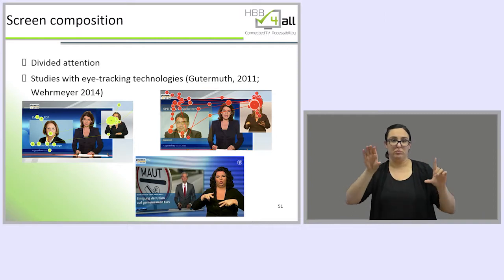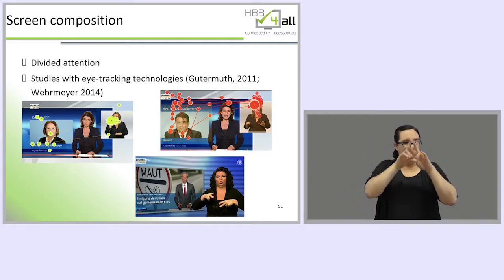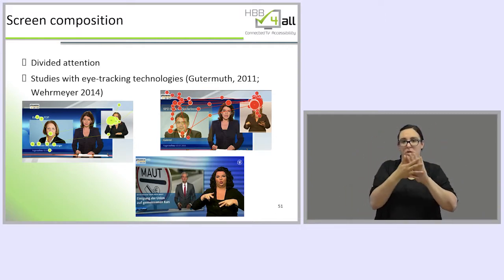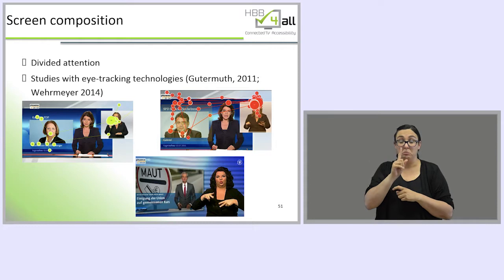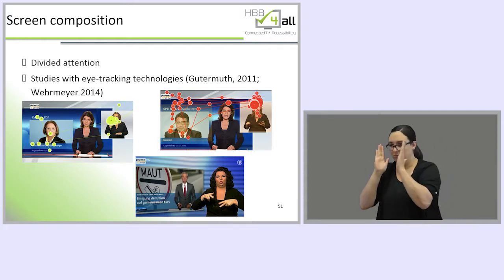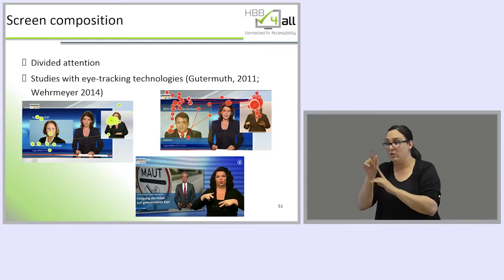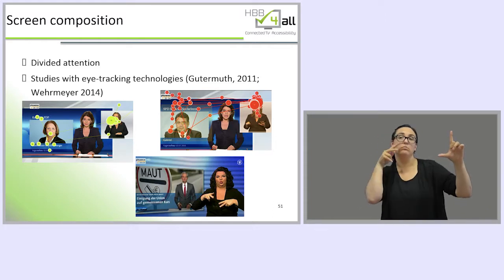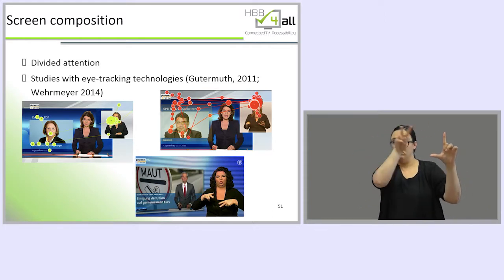But studies using sign language with eye tracking technologies have shown that deaf people do not attend to the hearing presenter. Rather, they concentrate their attention on the signer, and they sometimes attend to the main visual information on the screen.